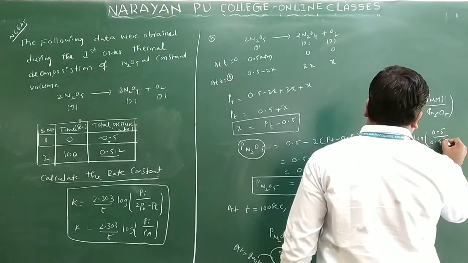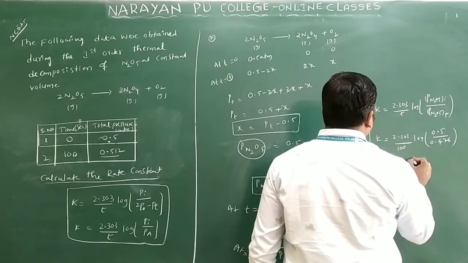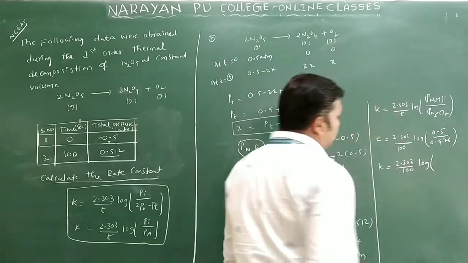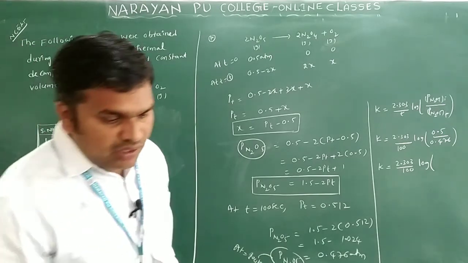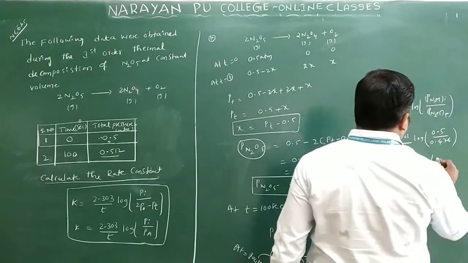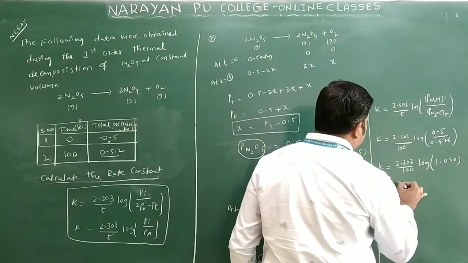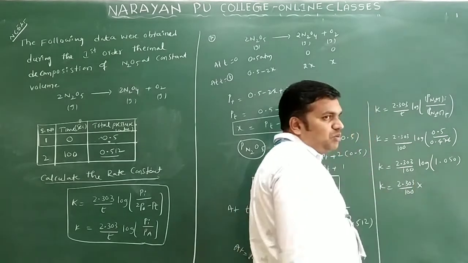So K is equal to 2.303 by 100 into log of 0.5 by 0.476, which is log 1.050. So K is equal to 2.303 by 100 into log 1.050.